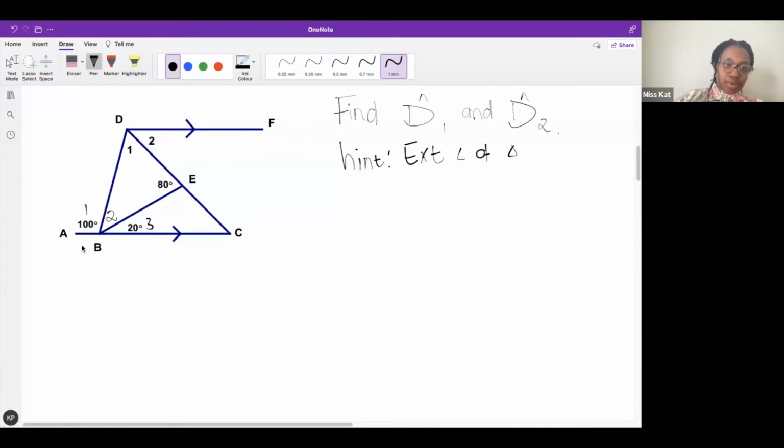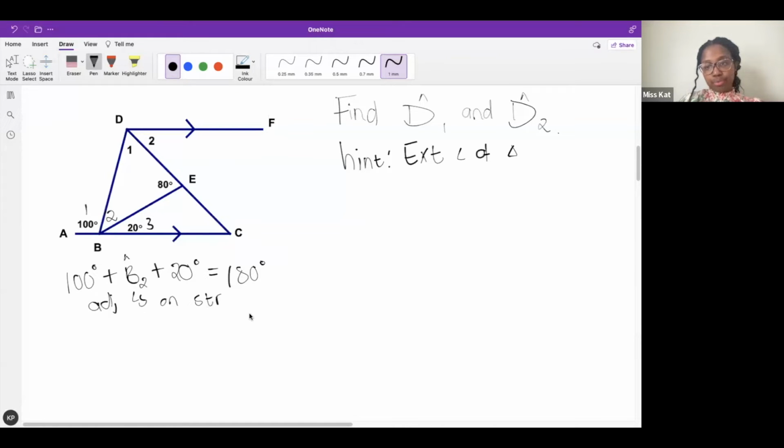So if you say 100 degrees plus what we've now numbered as B2, by the way, you're allowed to do that in your test, plus 20 degrees equals 180. And my reason is they are adjacent angles on a straight line.